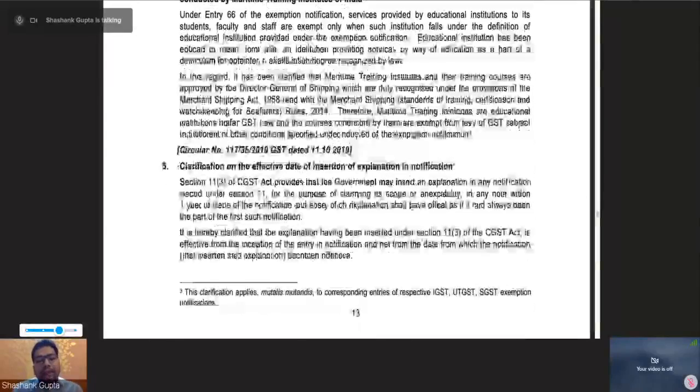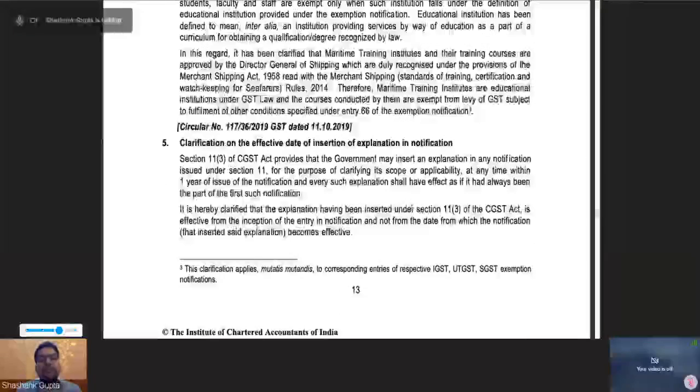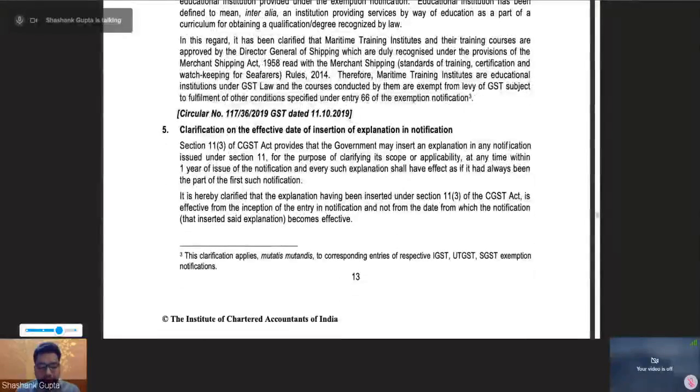And another clarification which was issued was, suppose government issues an exemption notification, and within 1 year from the date of issuance of the notification, they issue an explanation in that notification.